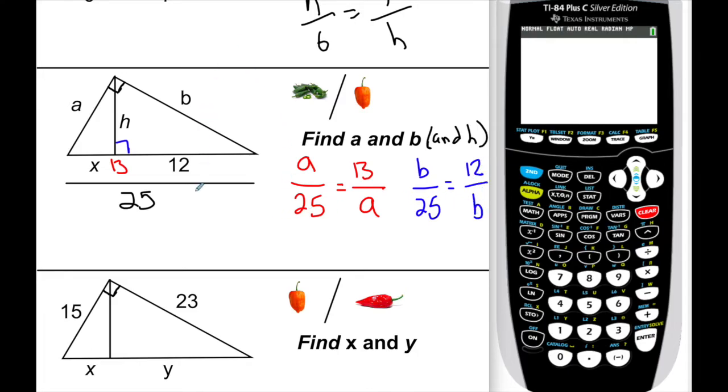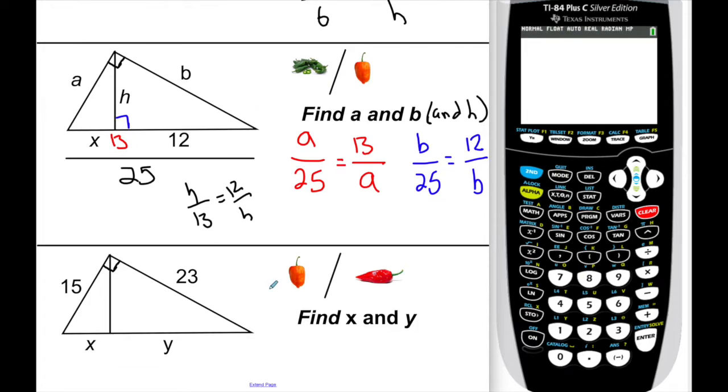And then finally, we know that H over 13 equals 12 over H, and we can solve that. So a little bit more thinking involved. You notice that the more I don't give you, the harder the problem is in general.